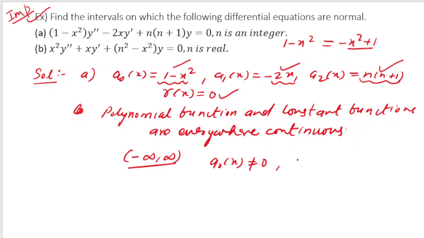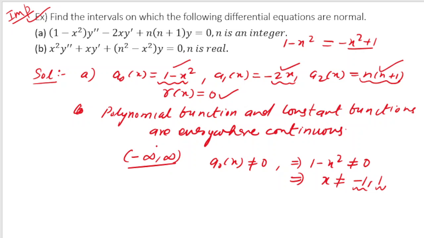So a0x is 1 minus x square. So this implies that 1 minus x square should not be equal to 0, which means x should not be equal to minus 1 and 1. So in that interval, the differential equation will be normal, which does not contain these 2 points.